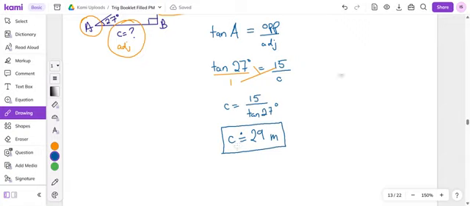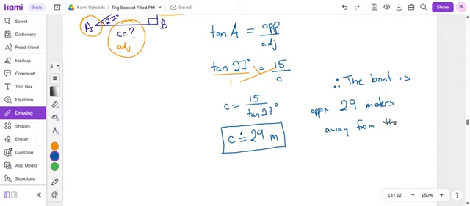And because this is a word problem, I need to write a statement. Therefore, the boat is, let's say, approximately 29 meters away from the lighthouse.